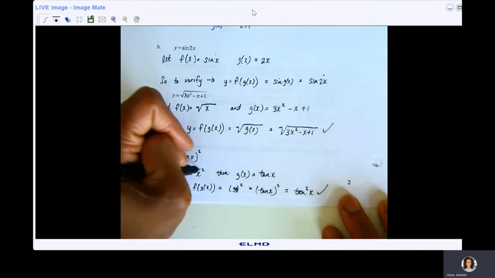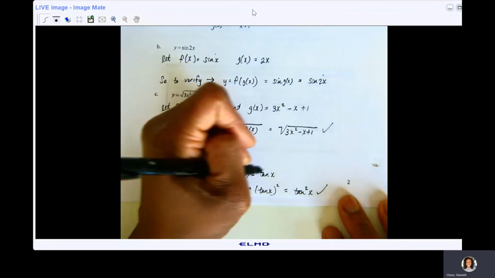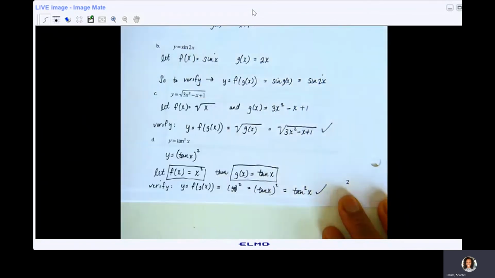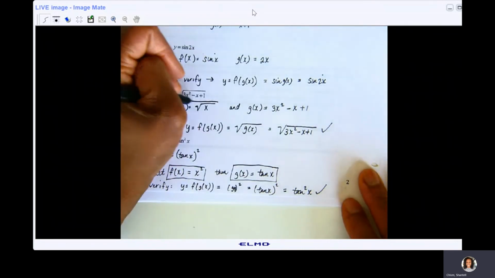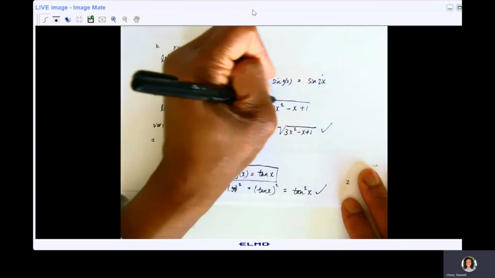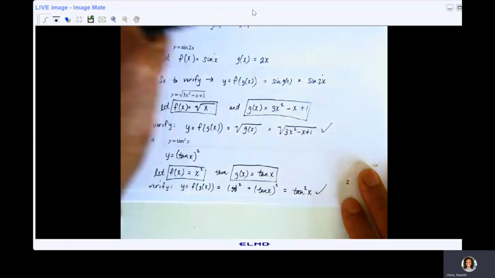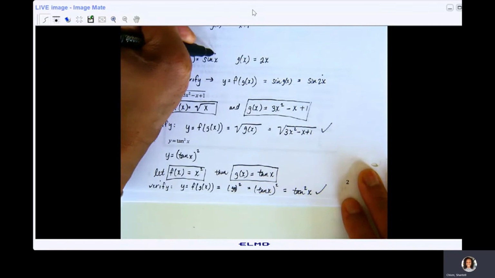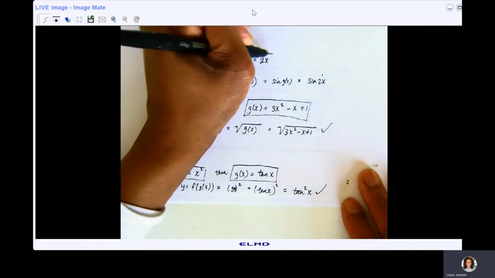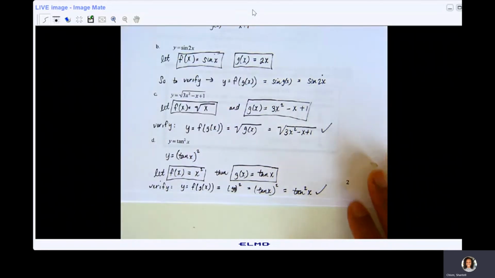So just verifying. But the actual answer is you're decomposing, you're getting an exact function for f and an exact function for g. And here you're getting a function for f and a function for g, decomposing the composite function that you're getting, so that we can recognize the inner and outer functions.